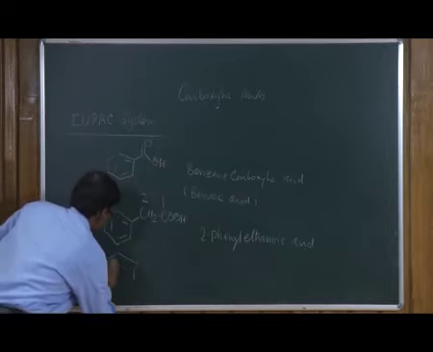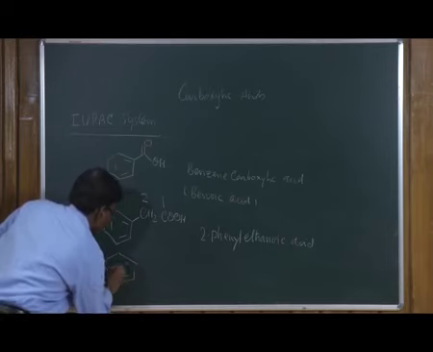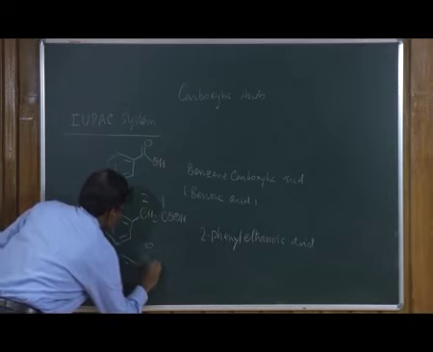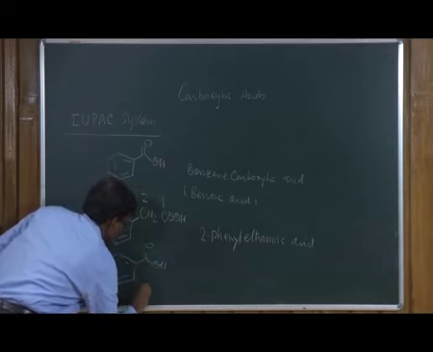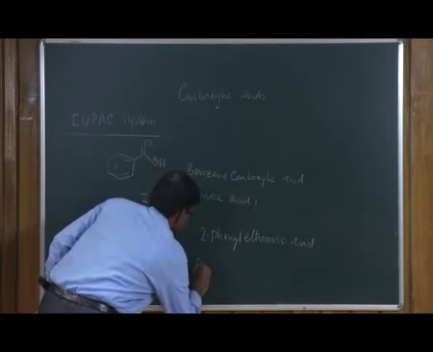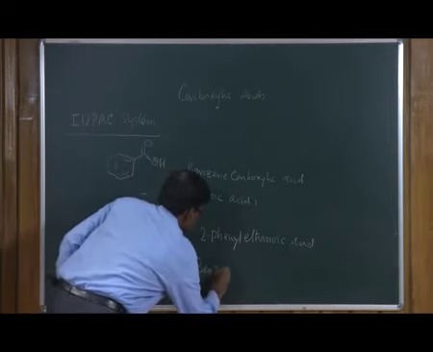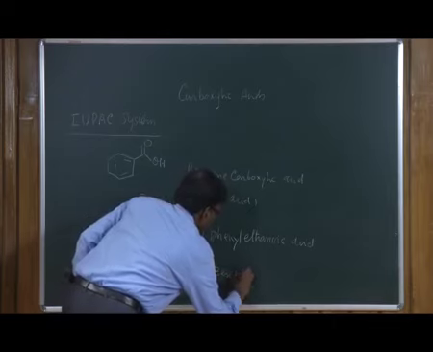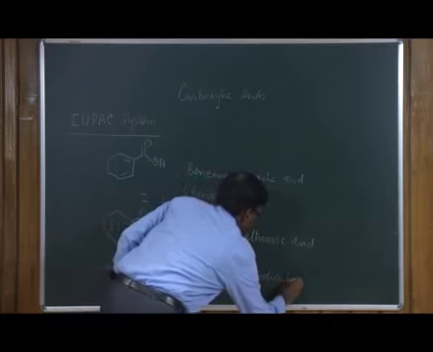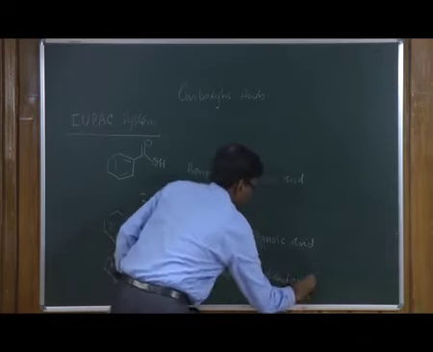And the IUPAC name of this dicarboxylic acid is benzene-1,2-dicarboxylic acid.